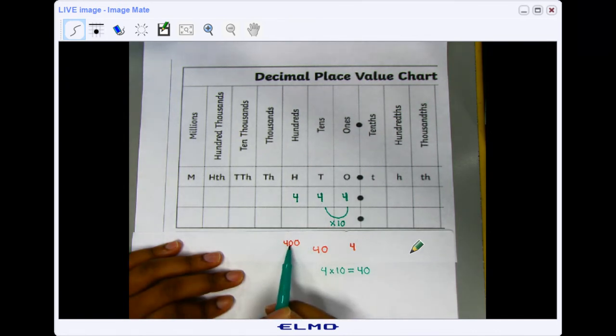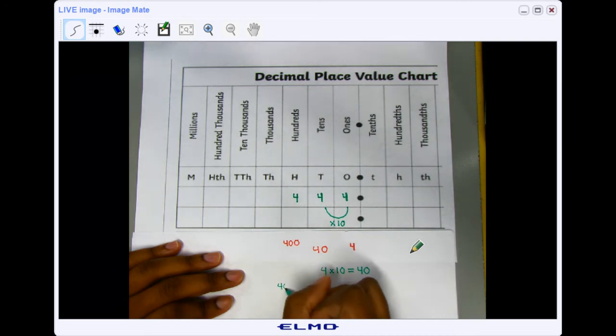Is 400 10 times larger than 40? How would you prove that? We can prove that again with a number sentence. 40 times 10 equals 400.